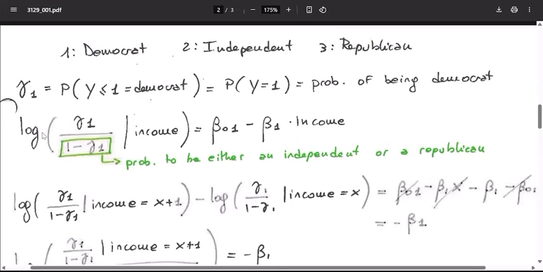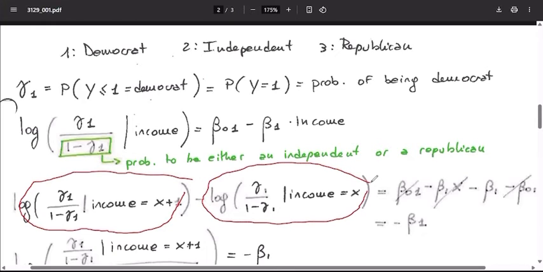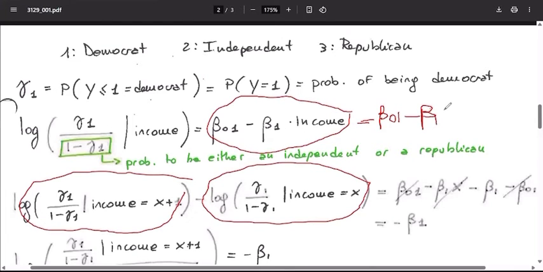What I'm trying to do here is compare when income increases by 1 and when income remains the same, X. When I subtract, if this here represents B01 minus B1 X, right?